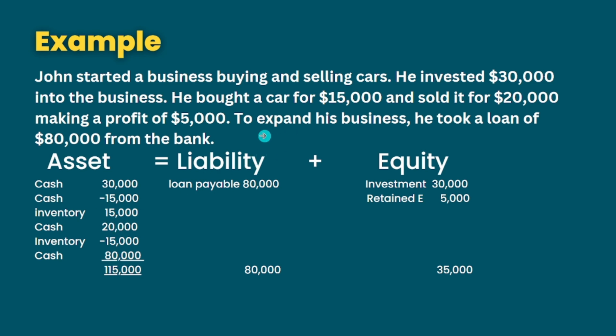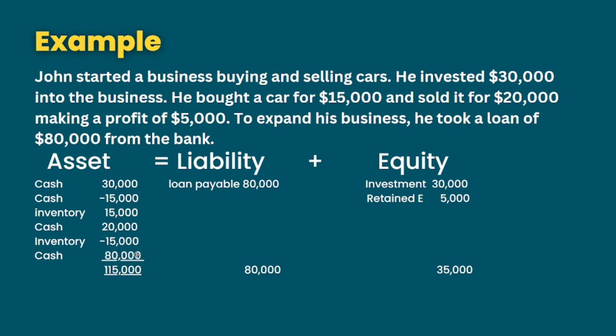And when we read further, to expand his business, he took a loan of 80,000 from the bank. So 80,000 from the bank, this will be a loan payable of 80,000. And at the asset side, we will have cash of 80,000.